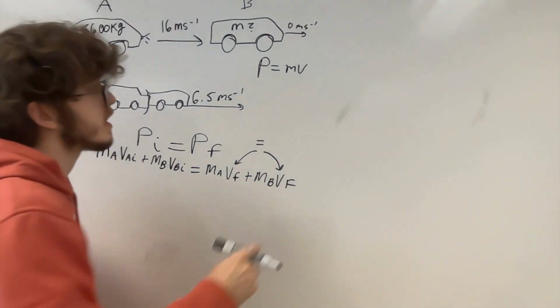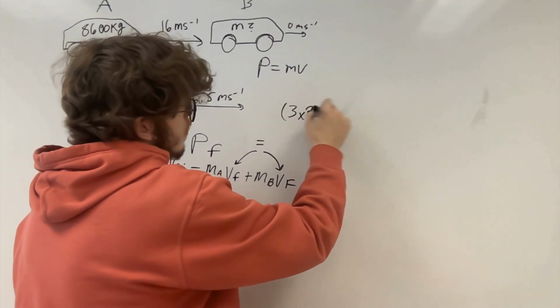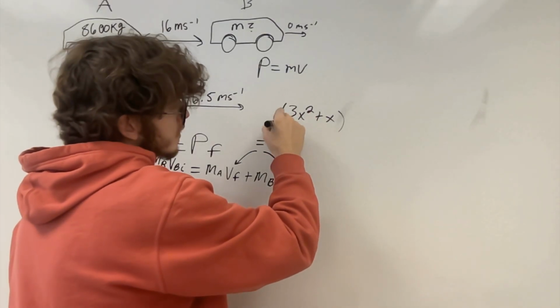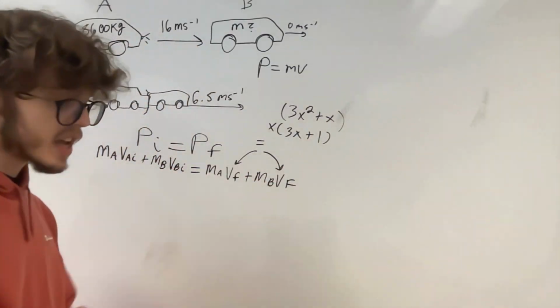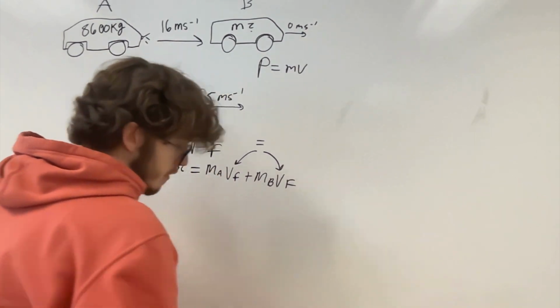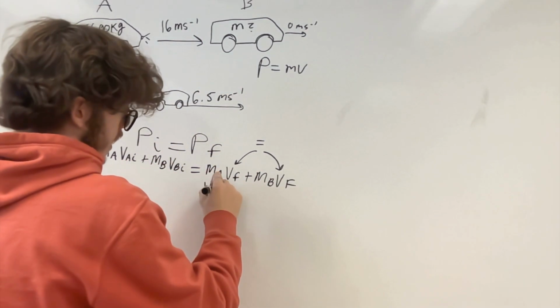And what does that mean? If I have, for example, 3x squared plus x, right? What can I take out of here that's the same? Well, they both have an x, so I could take out x, 3x plus 1, right? It's the same kind of idea with what I'm about to do, right? Of factoring something out that's the same or like terms that they both share. I can just factor out the velocity, right?